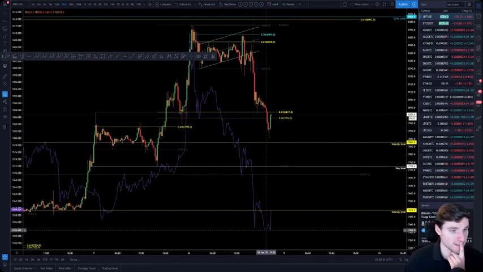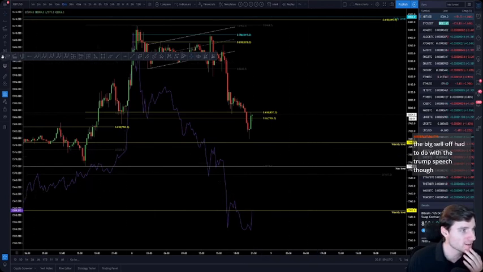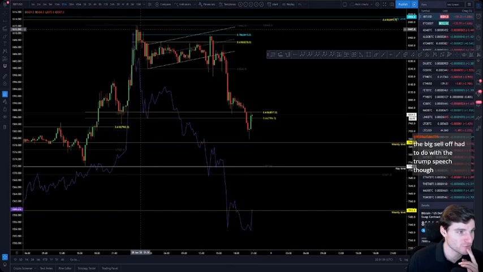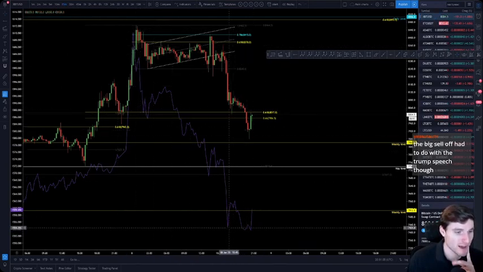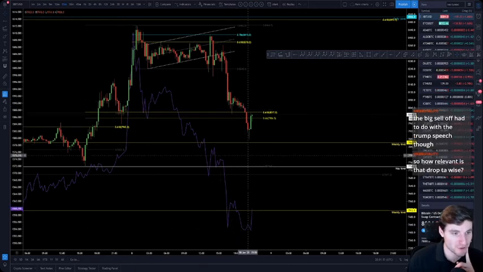So you just see how correlated these assets are right now. This is gold, by the way, where we had this big impulse in gold, Bitcoin followed. Gold started dropping, Bitcoin followed the drop. Literally gold made a new low here, Bitcoin made a new low.